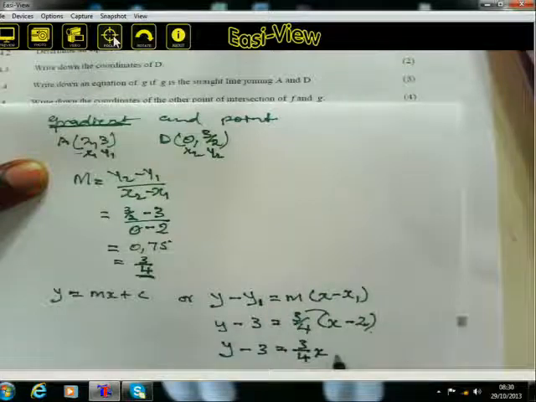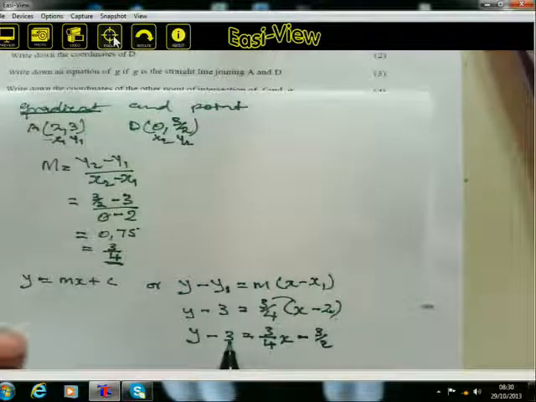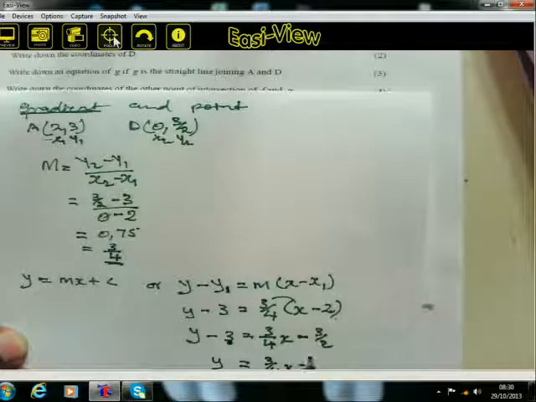This time that one is minus 3 over 2. Okay, transpose negative 3 from the left to the right. Therefore, y is equal to 3 over 4 x minus 3 over 2 plus 3.